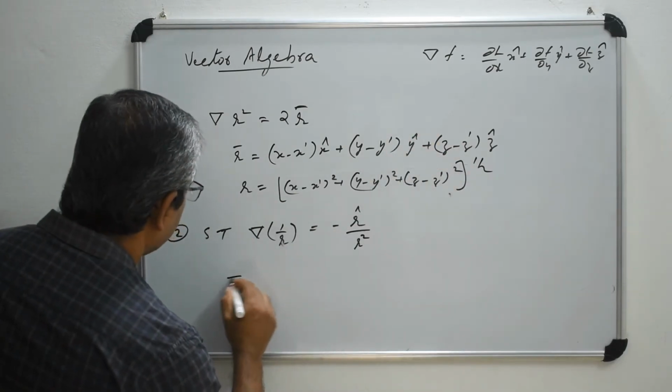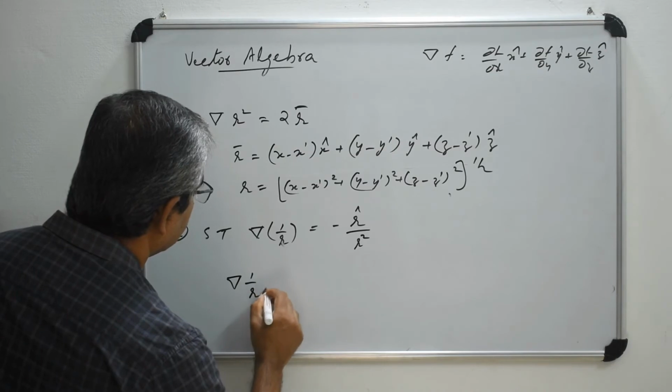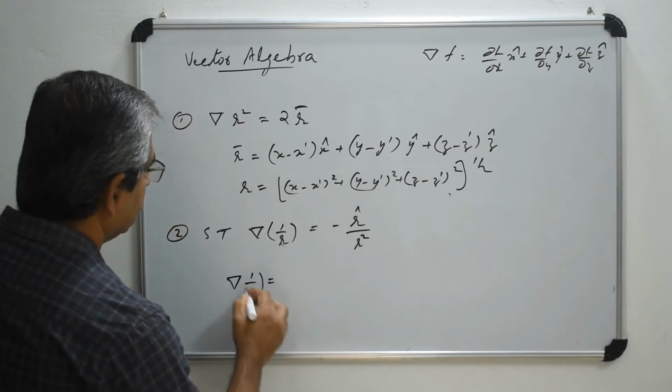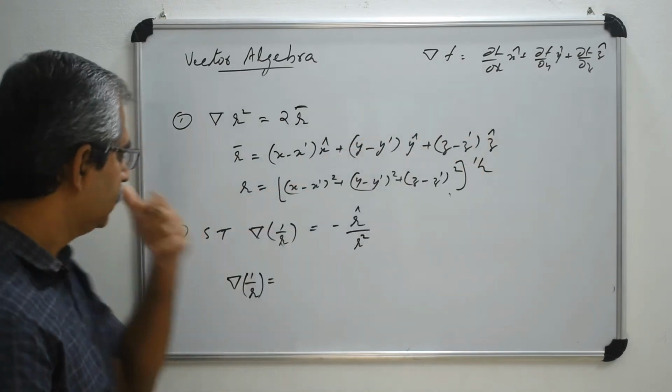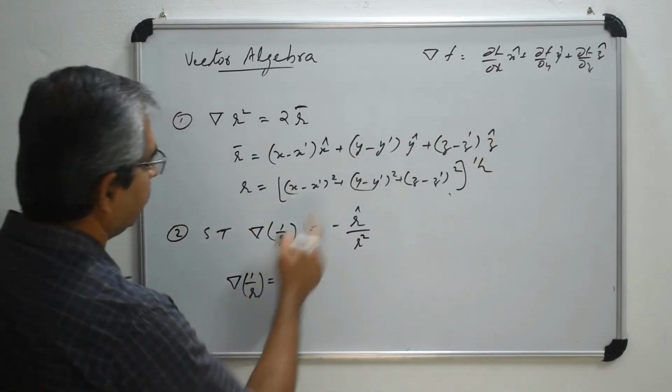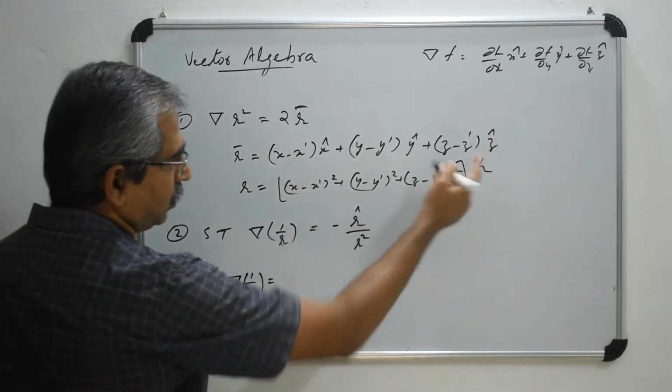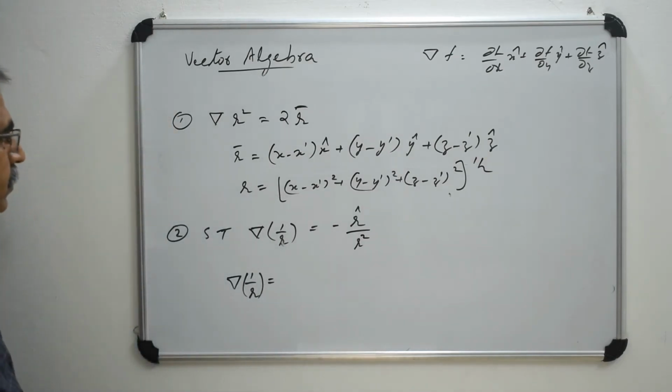So what is del of 1 by r then? Similar to this case, the function is there. So 1 by r is this one raised to minus half, isn't it?